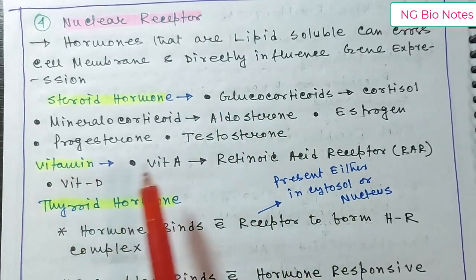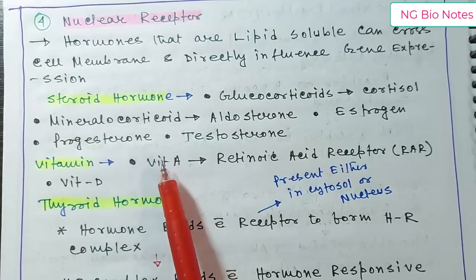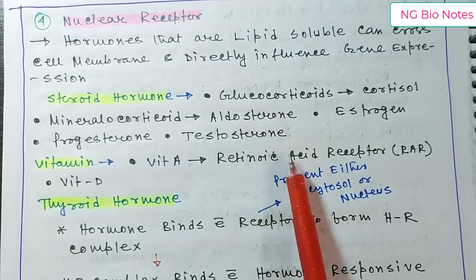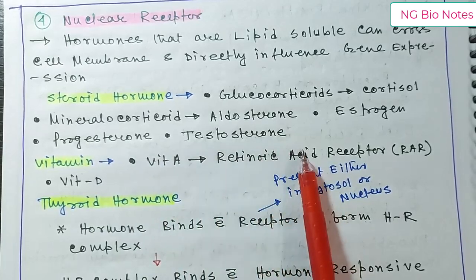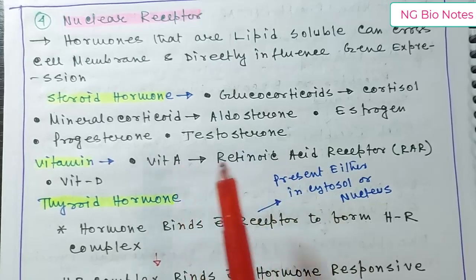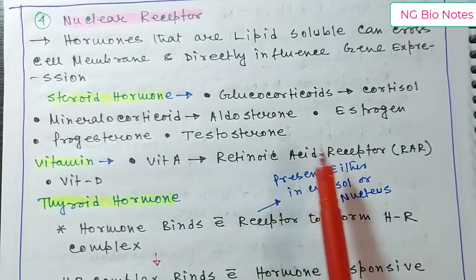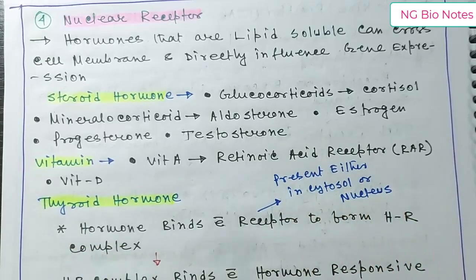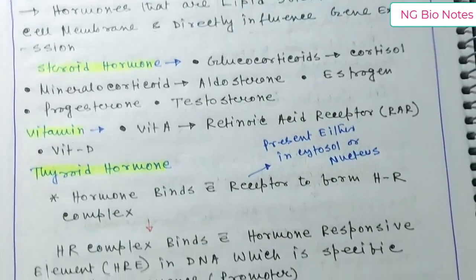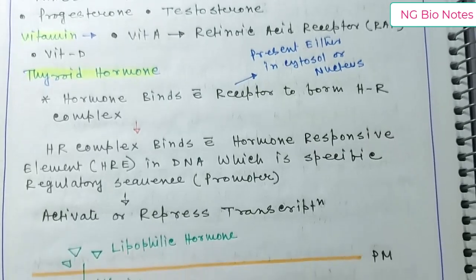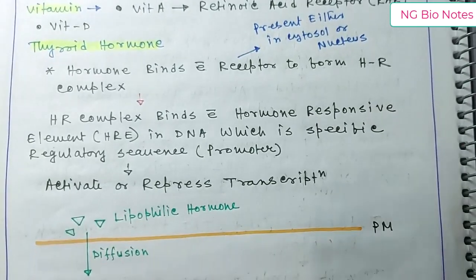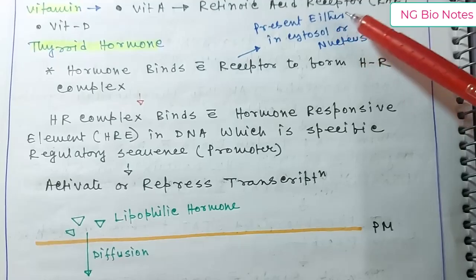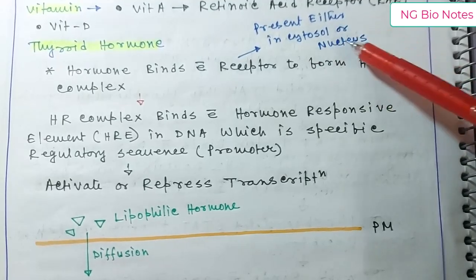And vitamin A and vitamin D, so vitamin A or the retinoic acid also acts via this nuclear receptor. The receptor of this retinoic acid is called RAR or retinoic acid receptor. And the thyroid hormone binds with receptor to form hormone receptor complex. This thyroid hormone receptor can be found either in cytosol or nucleus.